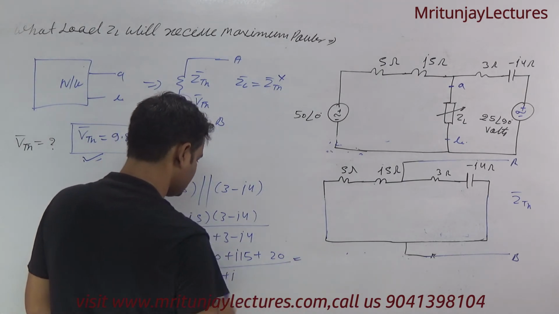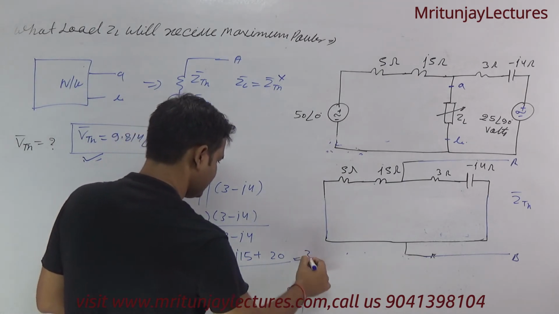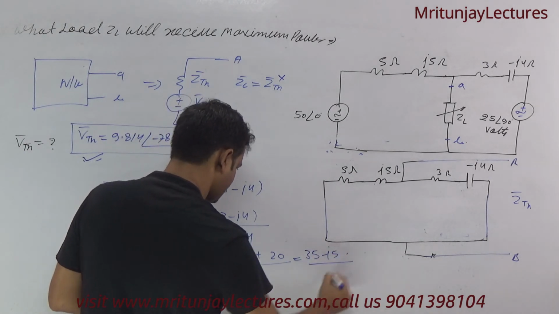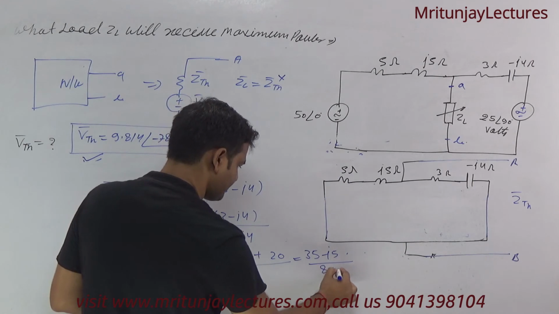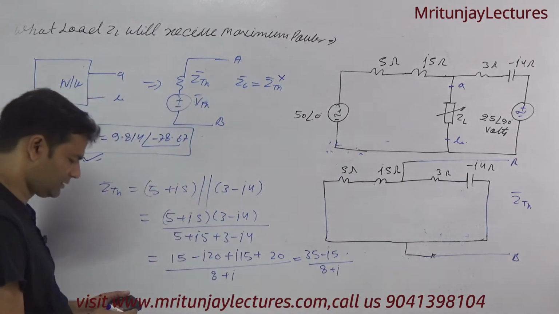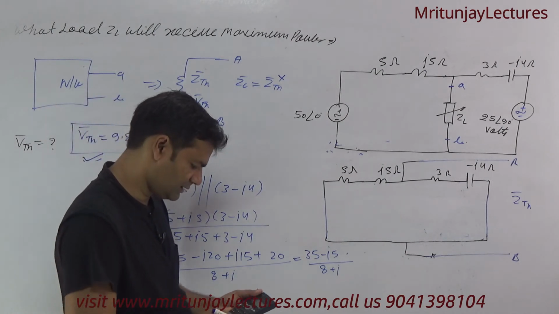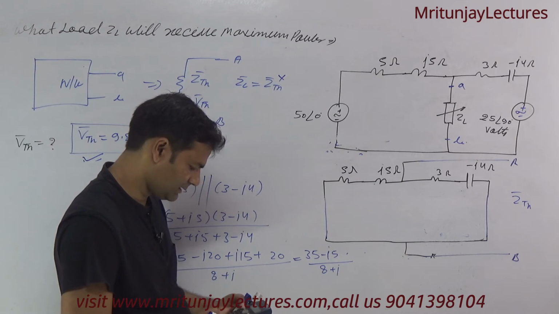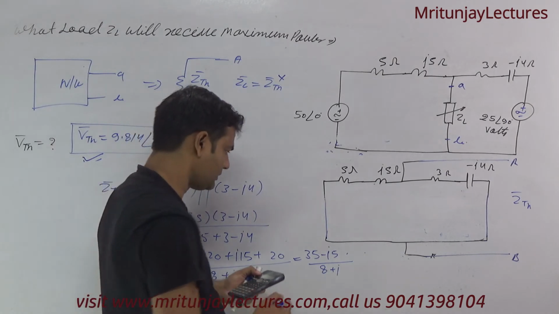So finally we got 35 minus j5 whole divided by 8 plus j.